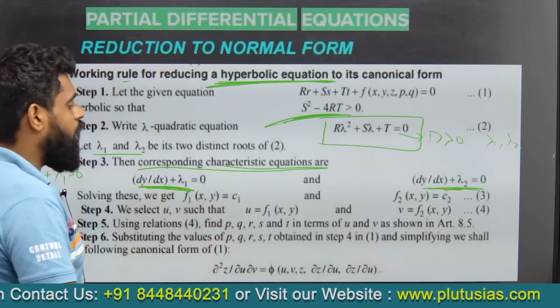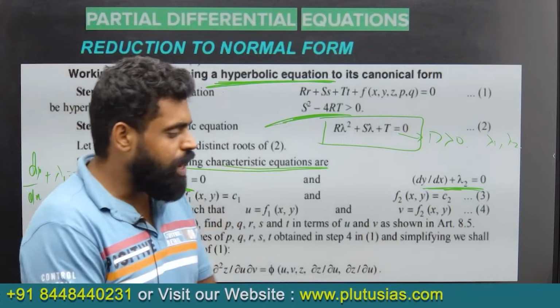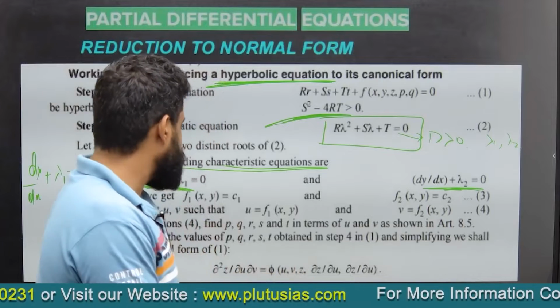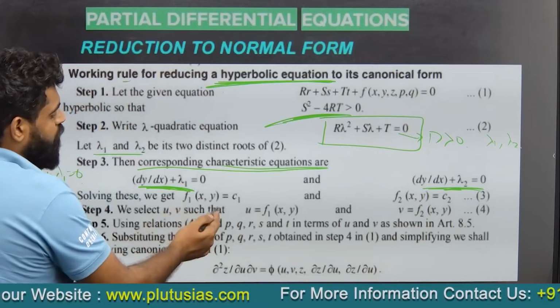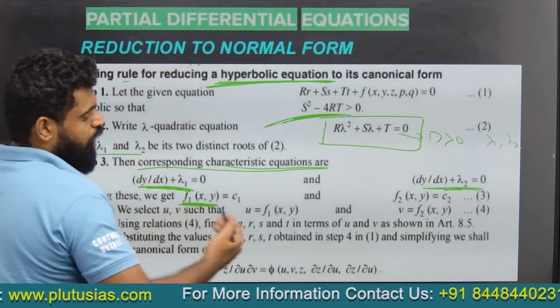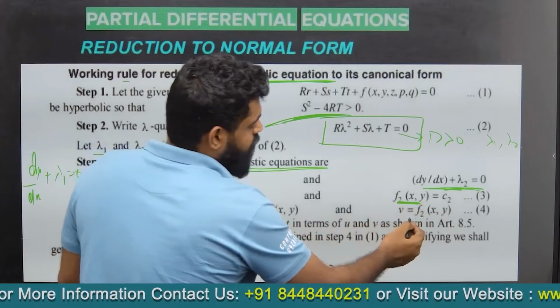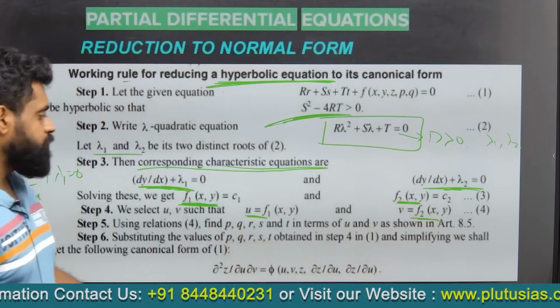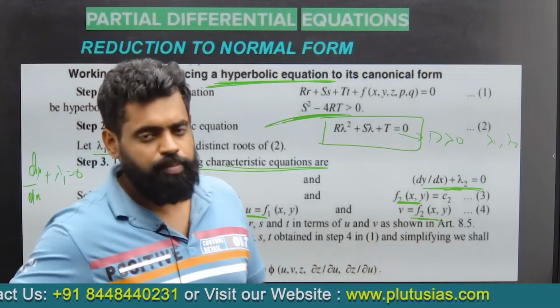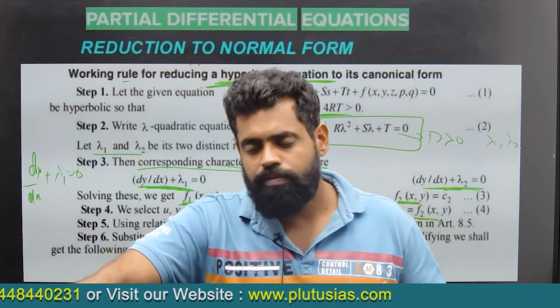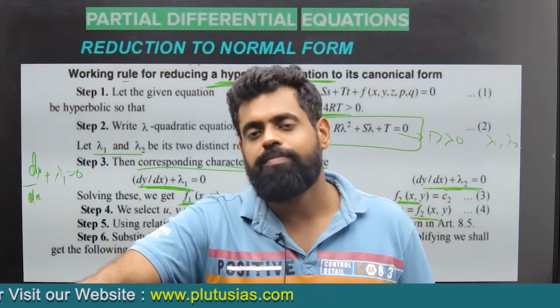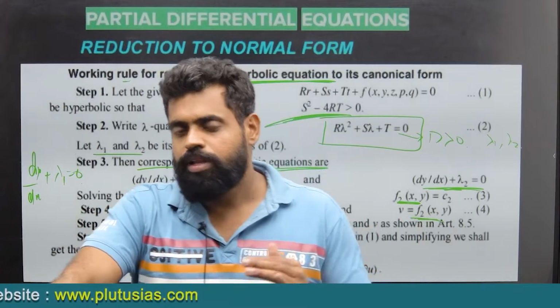And what we do next, I'll teach you. Solving these, we get two equations f1(x,y) and f2(x,y), equal to constants, and we form u and v as f1 and f2, and then use this concept to find the values of p, q, r, s, t with respect to the new u and v.